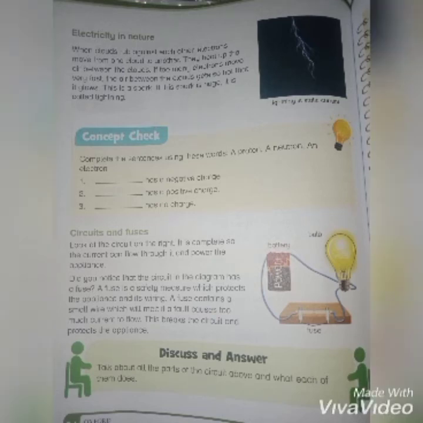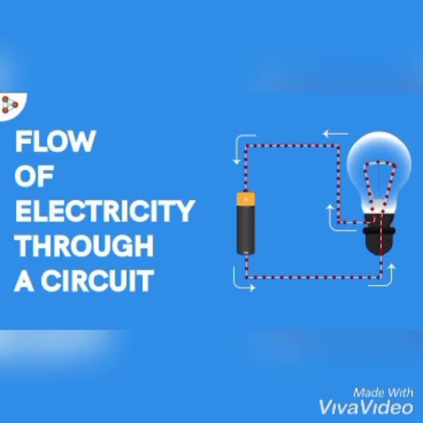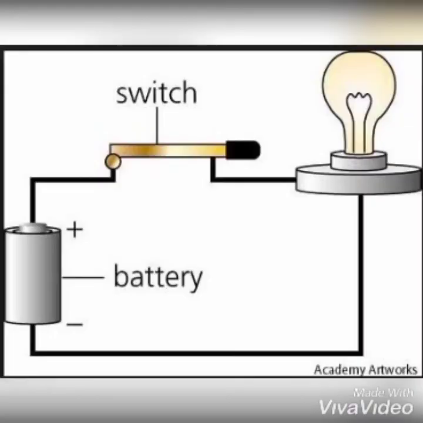Girls, our next topic is circuits and fuses. As you can see in the picture of the circuit, it is complete, so the current can flow through it and it is going to light up the appliance. But if it is not complete, then the current will not flow through the appliance and the bulb will not light up.